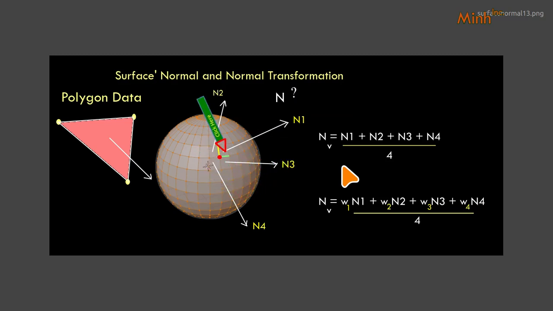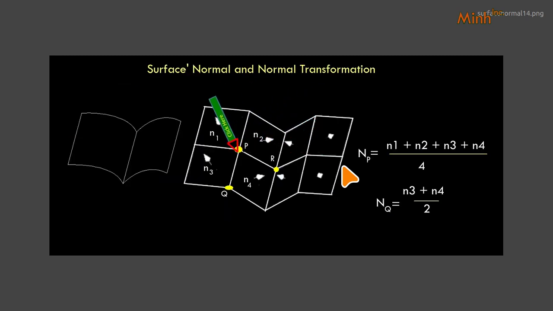So like that, for every point, we calculate the normals of all four neighboring facets around it, and then we do the averaging. So this is the way we go for polygon data. Now consider this as a kind of surface. It's like a book.